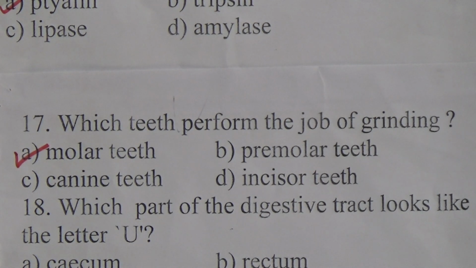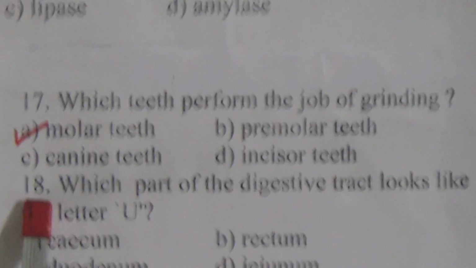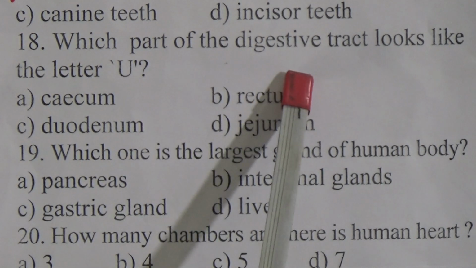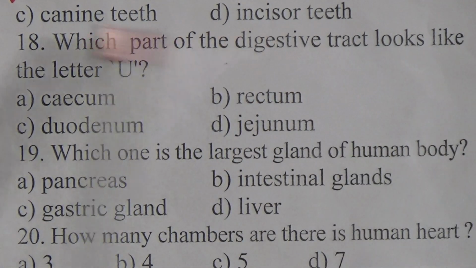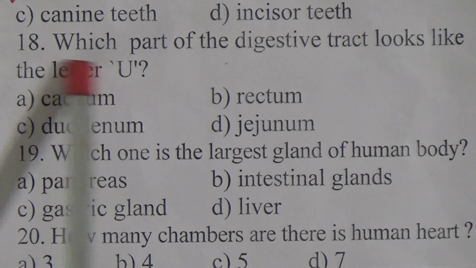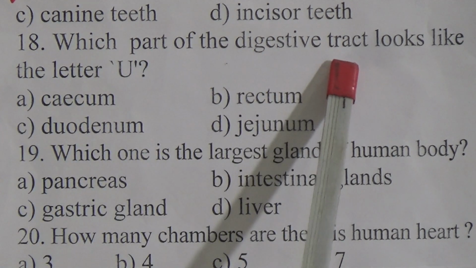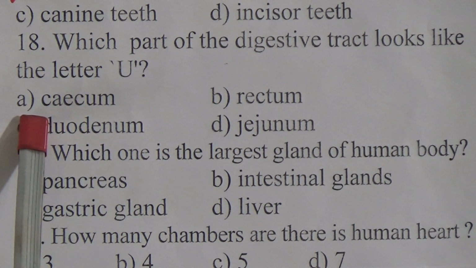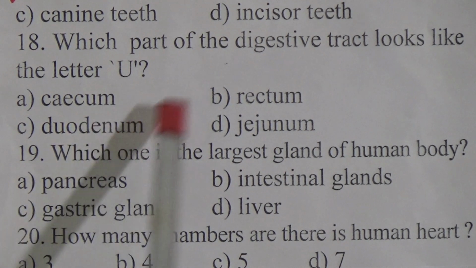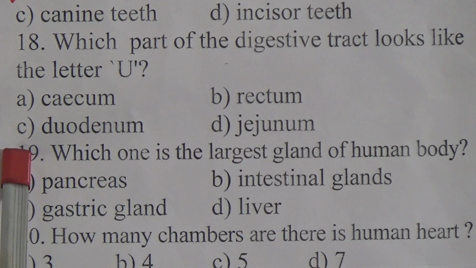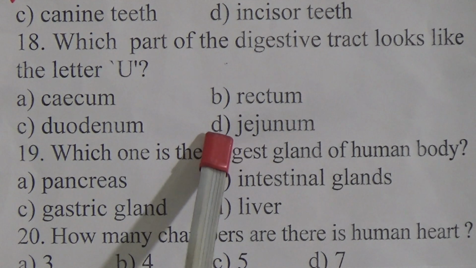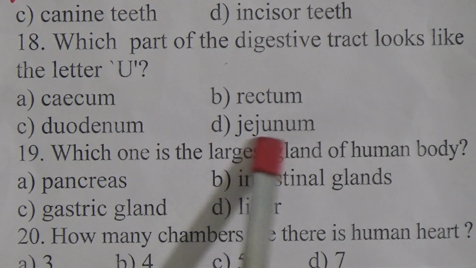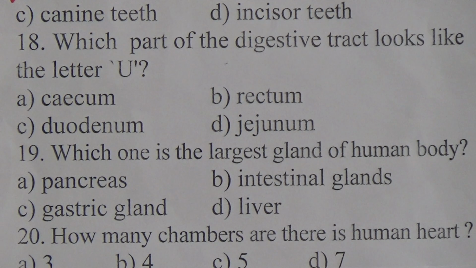Now 18 number question: which part of the digestive tract looks like the letter U? The options are: A cecum, B rectum, C duodenum, and D jejunum. Before answering this question, we can see our book again.